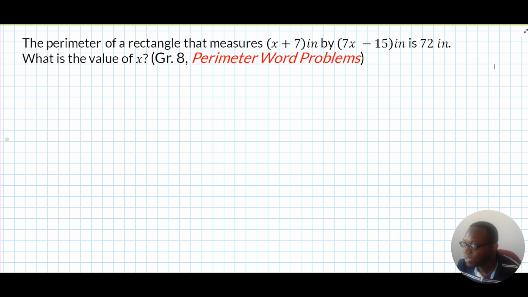We have a rectangle that measures x plus 7 inches by 7x minus 15 inches, and the perimeter of that rectangle is 72 inches. What value of x will make that statement true?